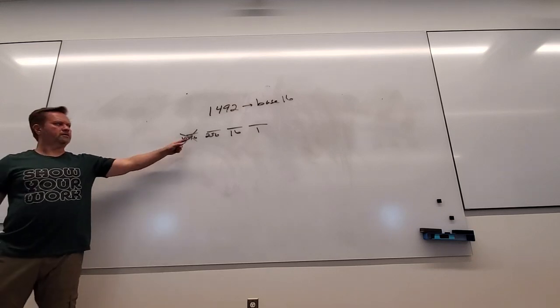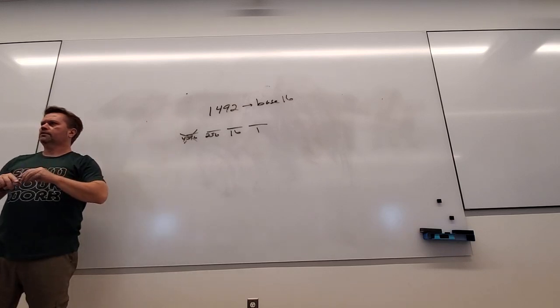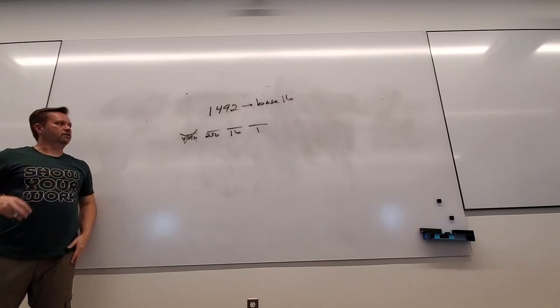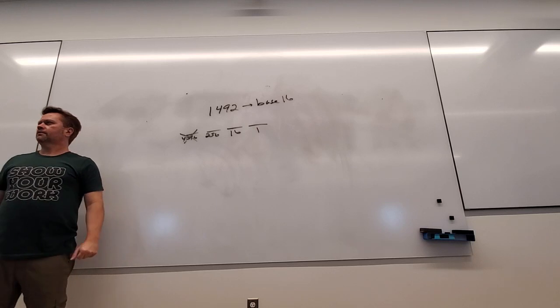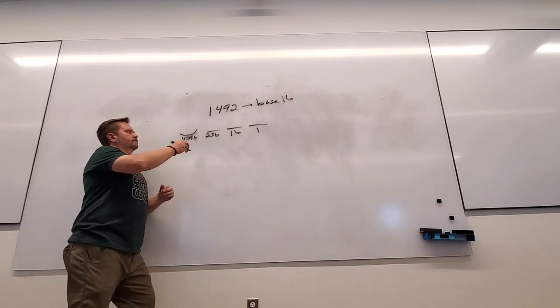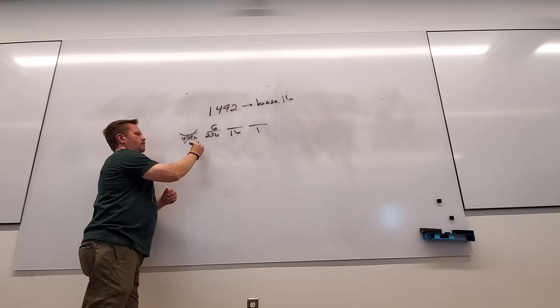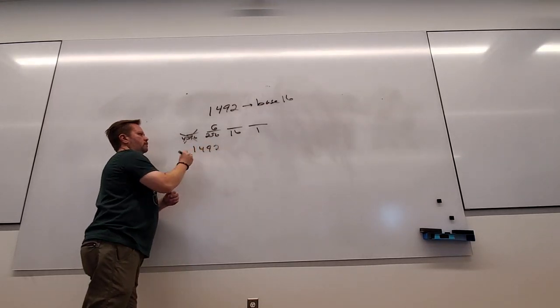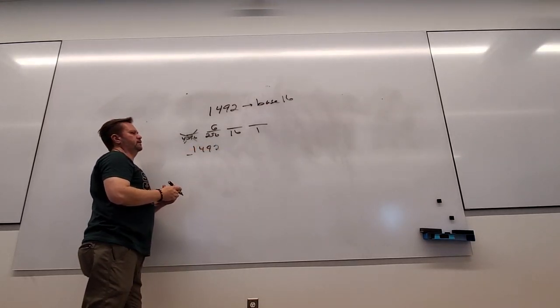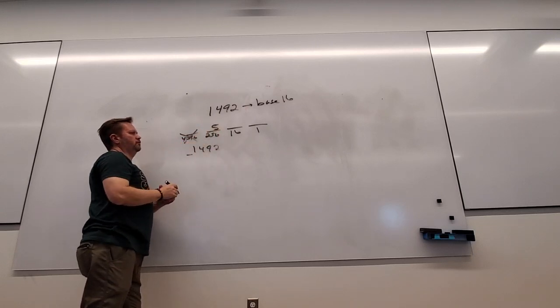So remember, always go one place too far, just make sure you went far enough. And then how does this work? You take 256 and divide it into 1492. It's 5. That'll be 1,280.